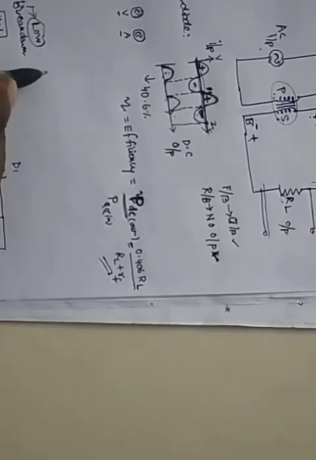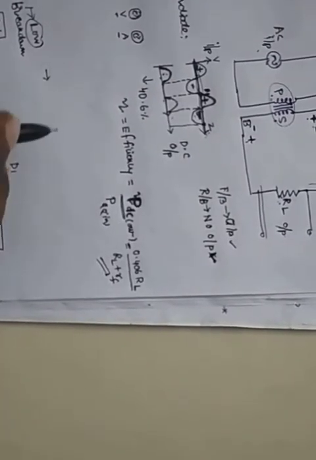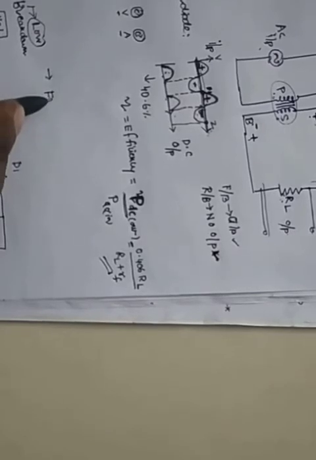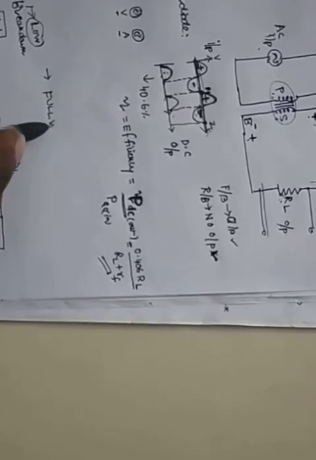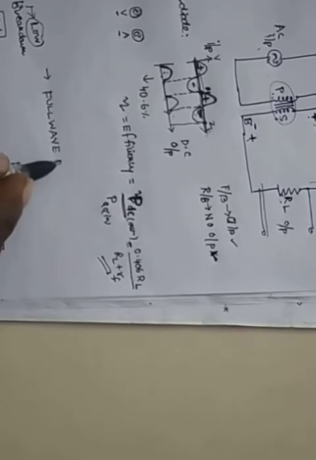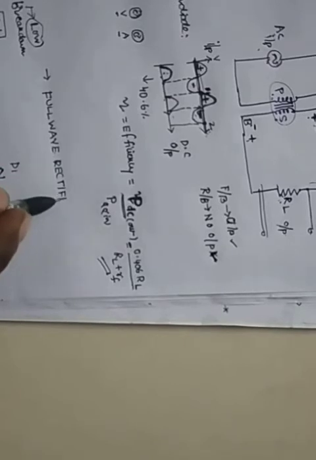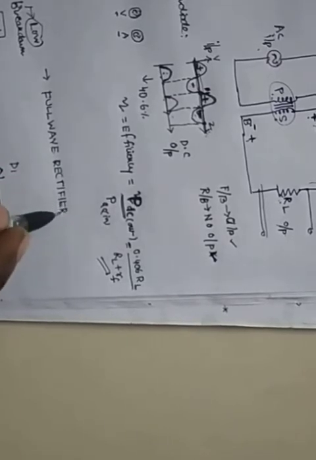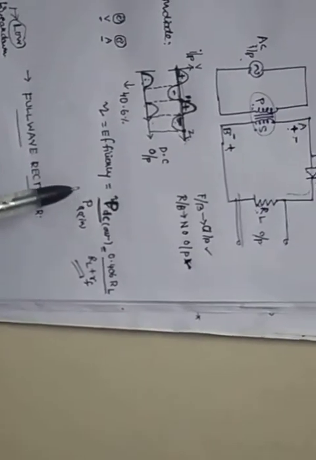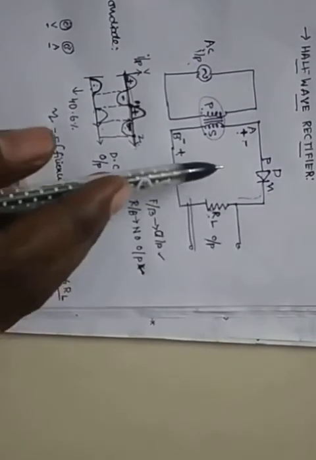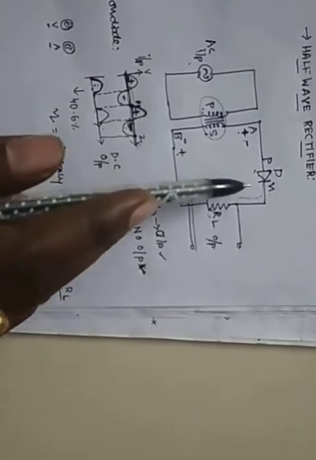And the next one is the full wave rectifier. This full wave rectifier contains, in the half wave rectifier, how many diodes? Only one diode.